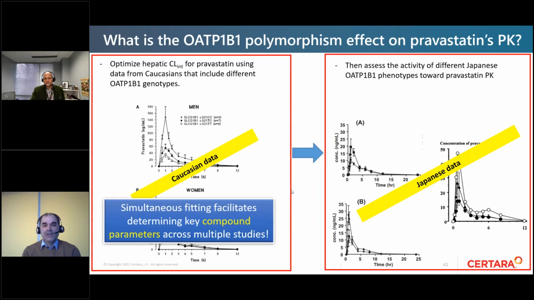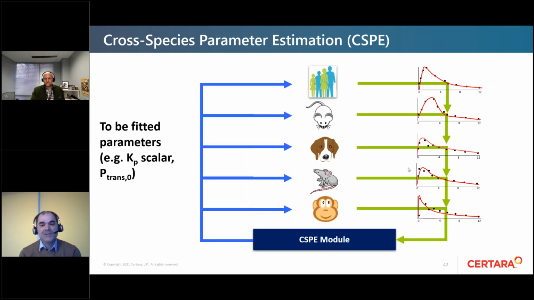So this gives you lots of power to inform either your compound model or your population model and develop more robust PBPK models. One more thing that we have done in version 22 for fitting: in the previous version, we were able to model and fit 4 different species at the same time.